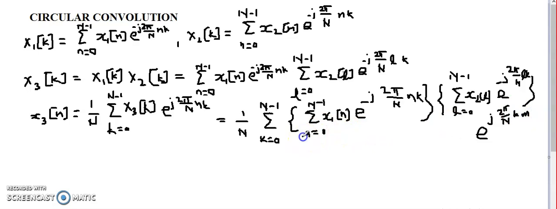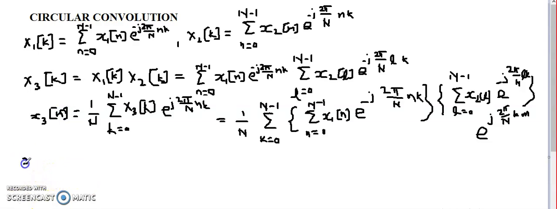Let us say this summation is performed on m. Sorry, not this one, this one. Okay. If we take m here, then it will be x3[m].